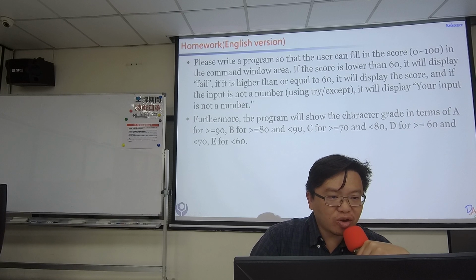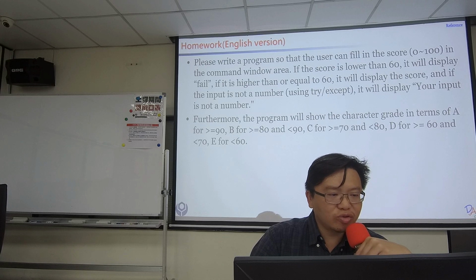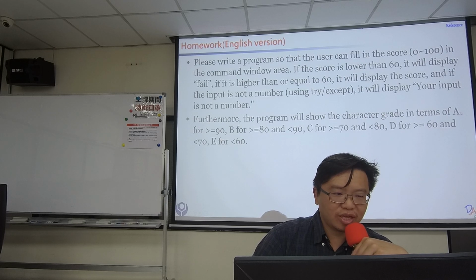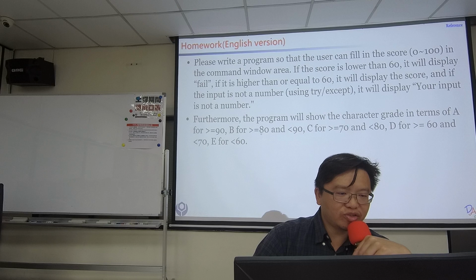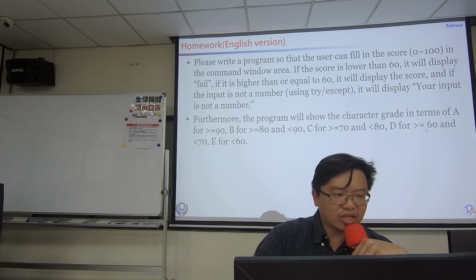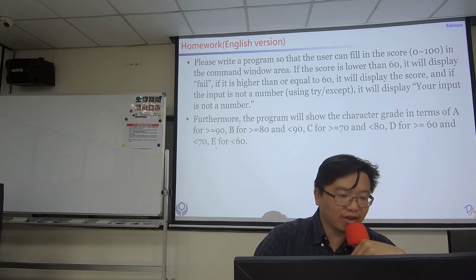So besides those, I want you to do more using if-else logic. In the range from 90 to 100, give a response of A; from 80 to 90, B; 70 to 80, C; 60 to 70, D; lower than 60 shows an E. Okay?